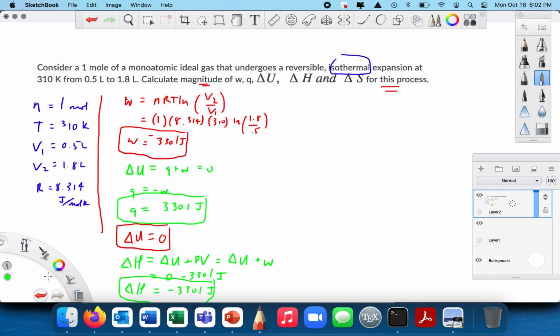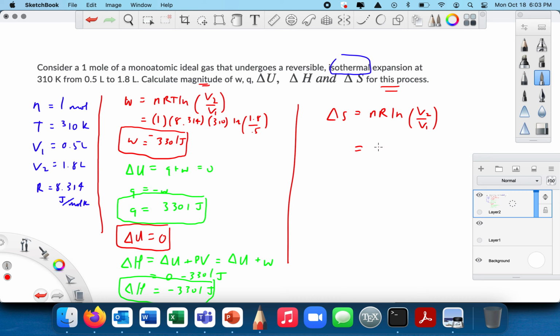And then finally, the change in entropy. This comes from chapter 20. The change in entropy of an isothermal process is nR natural log of V2 over V1, which we're not going to worry about why that's what it is. This is on the front of your exam.